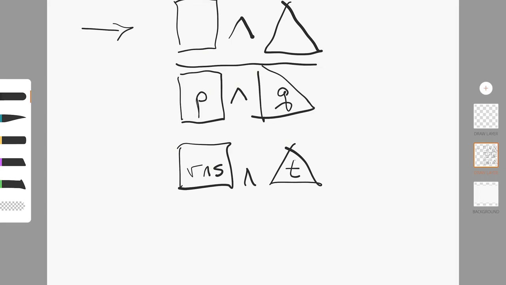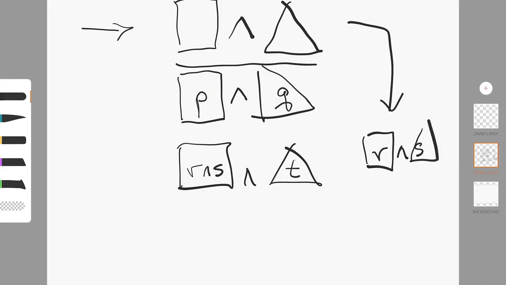Why is that? Because the expression R and S is itself a well-formed formula. In fact, it instantiates exactly the form that we're talking about up here. On one side we have a square filled with a proposition. On the other side we have a triangle filled in with a proposition.